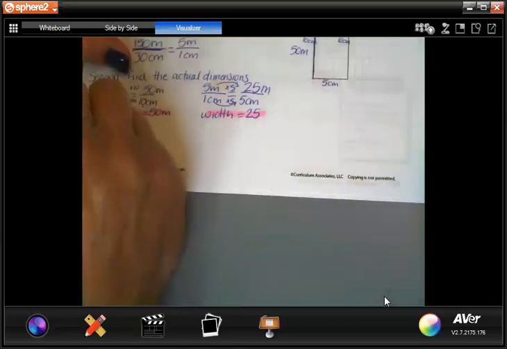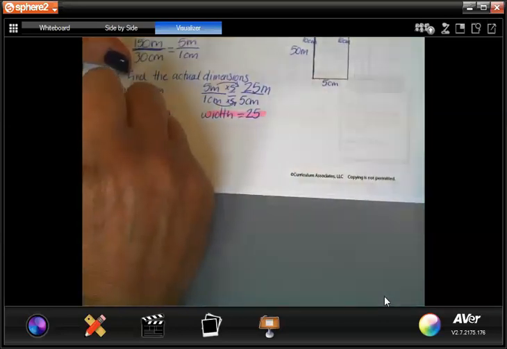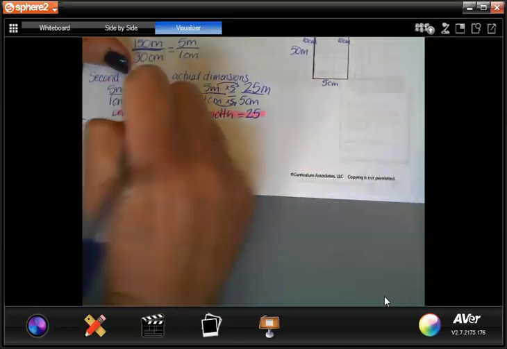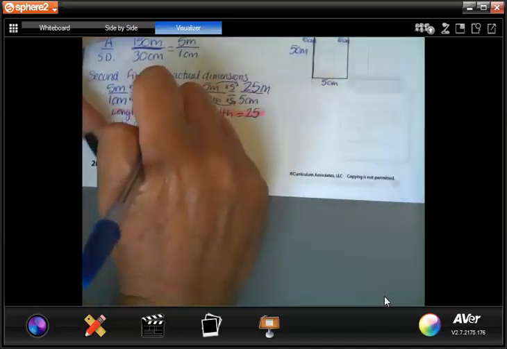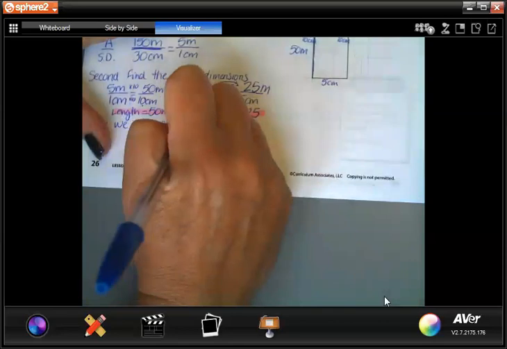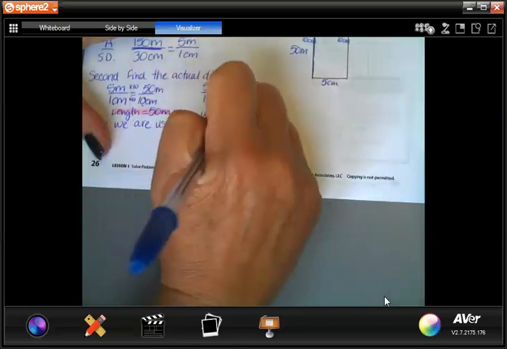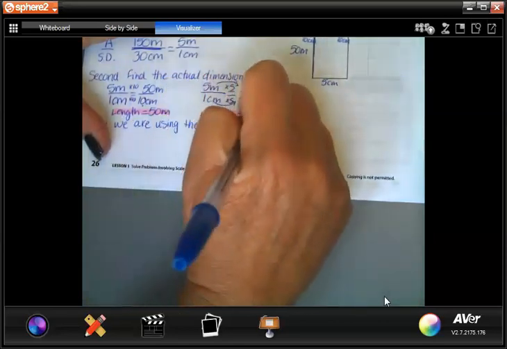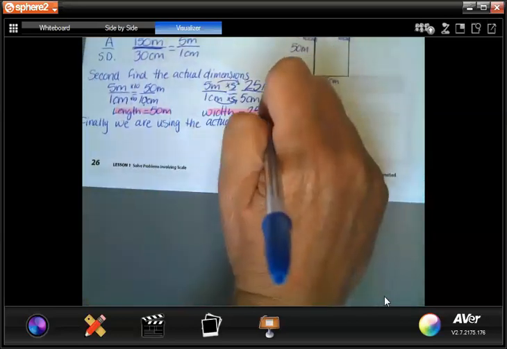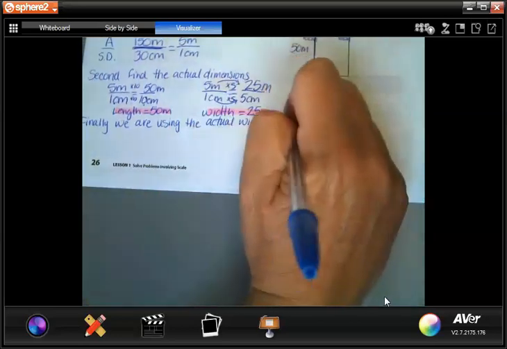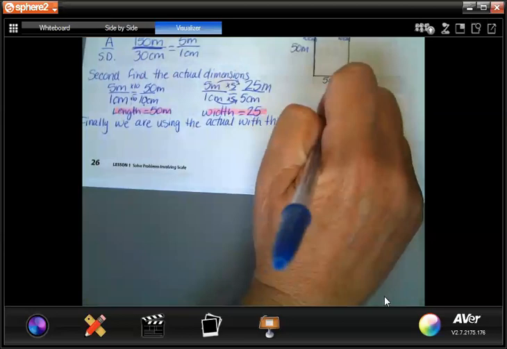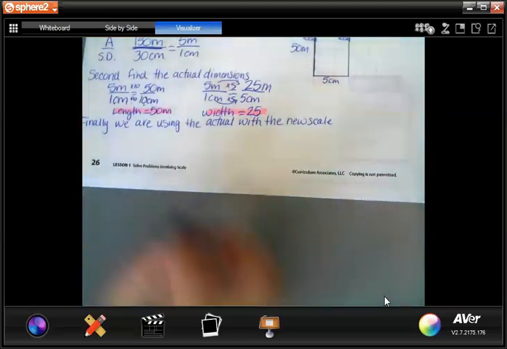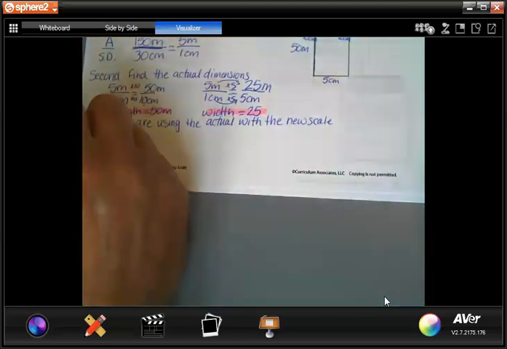So finally, we are using the actual dimensions with the new scale. Now we got a little problem with this. 25 meters over 2 centimeters.